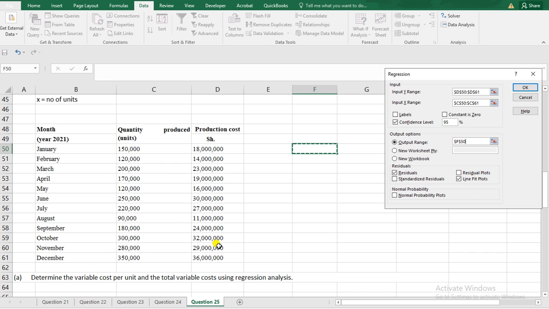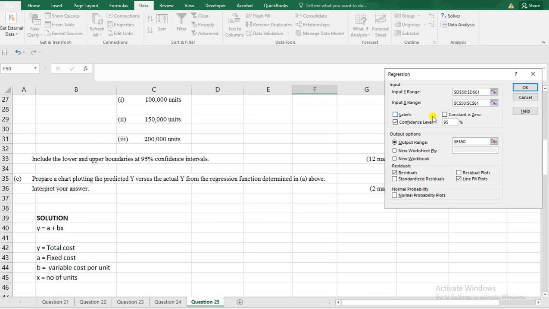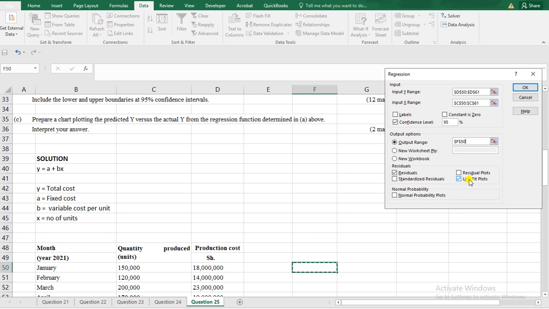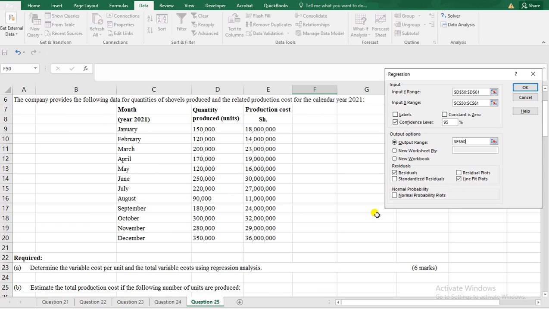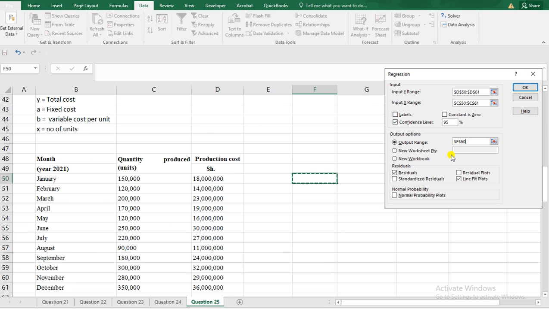I think the question asked in part C is to prepare a chart plotting the predicted y versus the actual y from the regression function. What I need to do in our regression dialog box is to click this line fit plot. This will give us our graph. So I'll be answering questions A and C at once. I'll just do OK and see the magic.